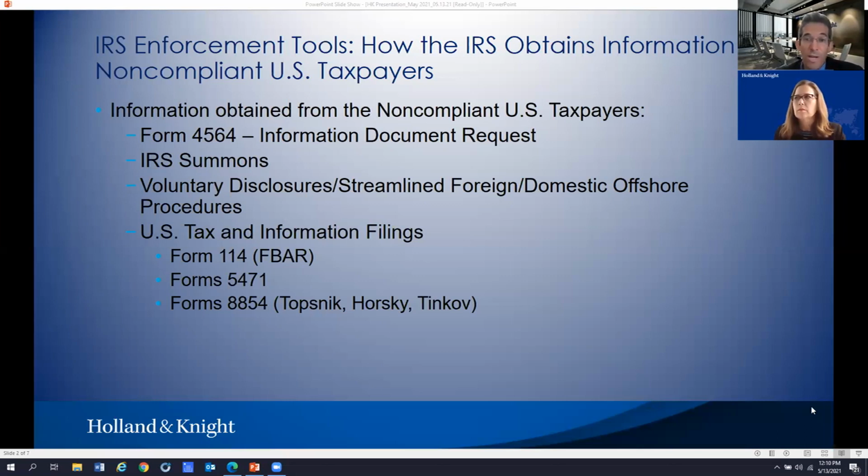On the other hand, we've got Dan Horsky. Not really sure what he was thinking, and that's why he's in jail. But Horsky was a business professor for 30-some years in New York, and he had a number of investments offshore. Most of them didn't do well, but by and large, one did do really well. And rather than report and do the things in the US that he was required to do, he got a nominee to take ownership of all of his assets.